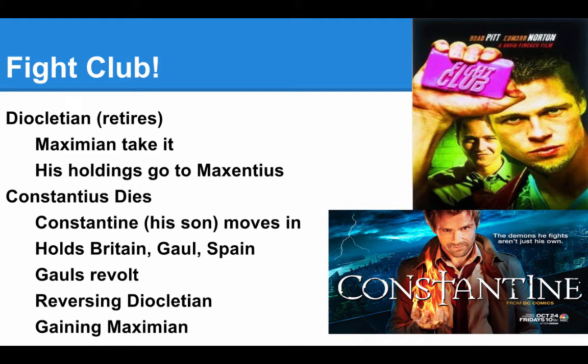And he is really going to establish himself as the best military leader. The Alemanni were really, really powerful and in many ways could almost rival the Romans at that point until Constantine crushes them. Now, he later will gain Maximian as a subordinate emperor because Maximian will actually try to take over his son's land, but is defeated by his son in battle.